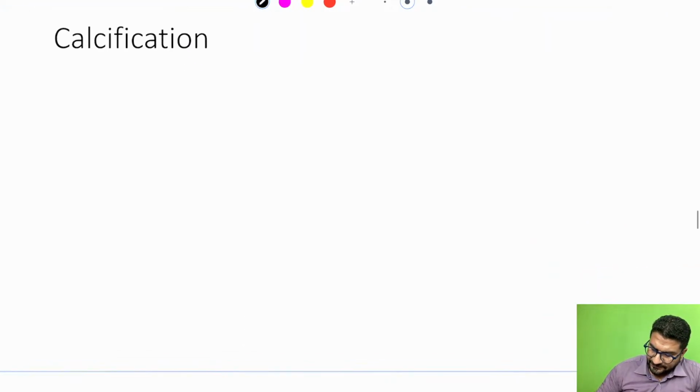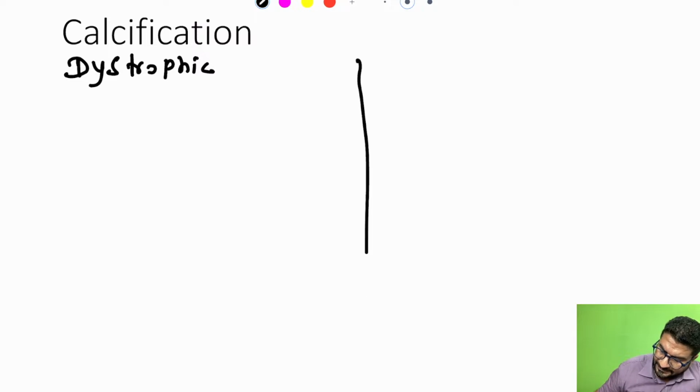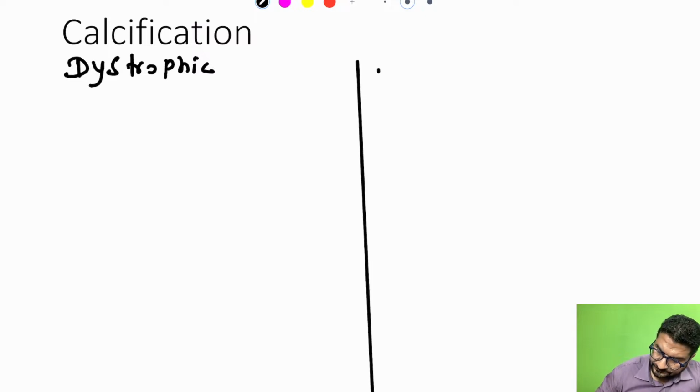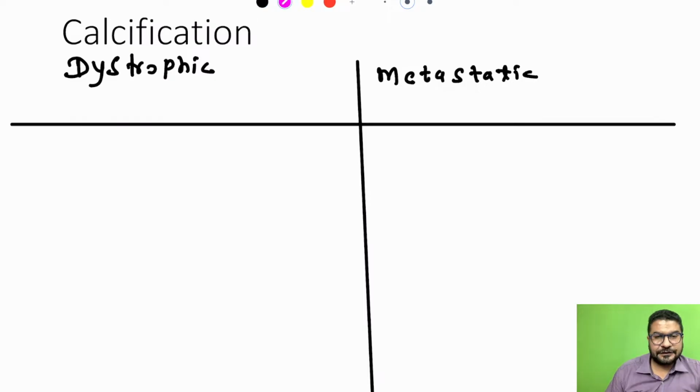So calcification, understand, we have two types of calcification. We have dystrophic and what else we have? We have metastatic. Dystrophic calcification and metastatic calcification. So understand this thing, dystrophic calcification में सीरम कैल्शियम कैसा होगा?